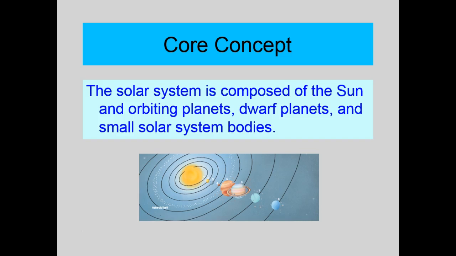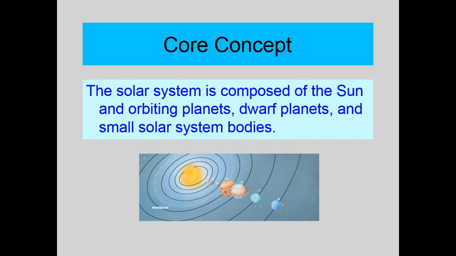Okay, here is the core concept for this chapter, and this is located on the first page of the chapter. By the way, I see most people have books. The solar system is composed of the sun, that's Sol in the solar system, and the orbiting planets. We have 8 planets we know about now.